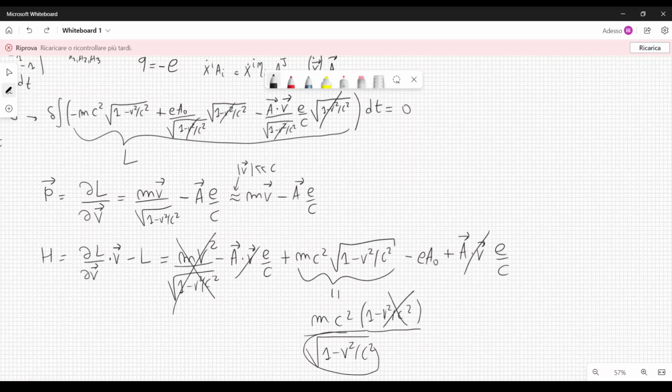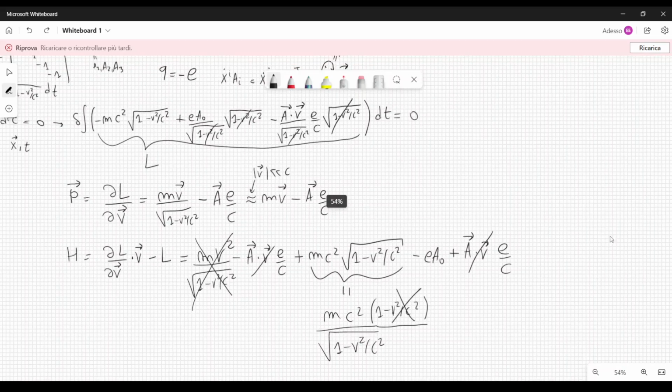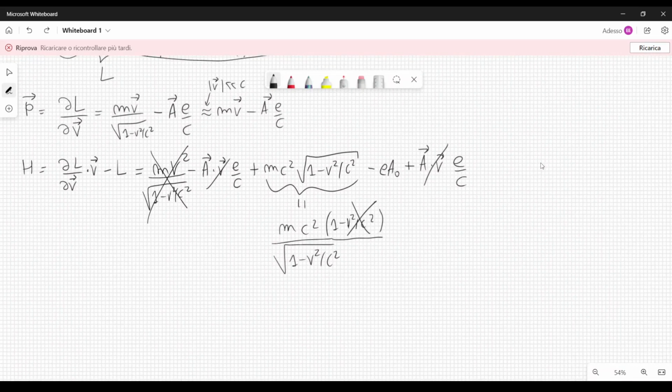And then when I divide by this square root, I will get exactly that term with a minus sign. So the two terms will cancel. And I can rewrite this as mc squared over the square root of 1 minus v squared over c squared minus e a0, like this.